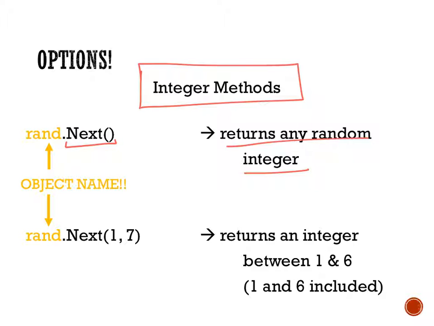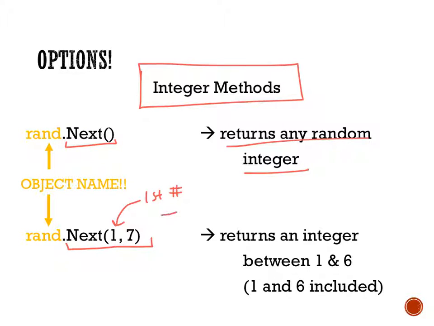The second option is that we can specify a beginning and an end number that we're choosing from. You'll notice here I use the same .next, but I have these parameters of 1 and 7. This 1 is the first number that I want my random number set to come from.